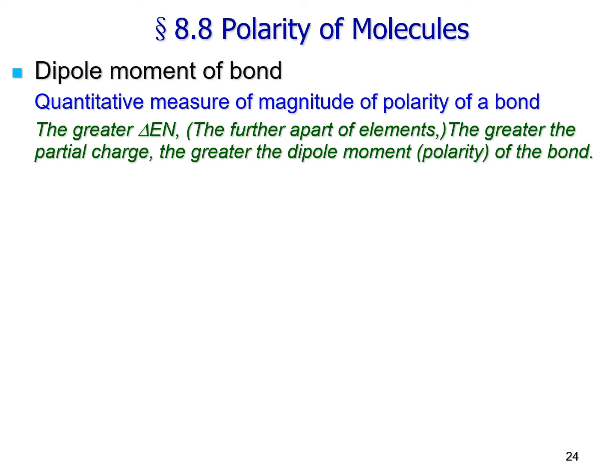Also, in order for us to realize how great the difference in electronegativity is, basically we can look at how far apart those two elements are in our periodic table. If the two elements are right on top of each other because they're the same, it's a 0. The further apart the two elements are, the greater the difference in electronegativity between the two atoms.